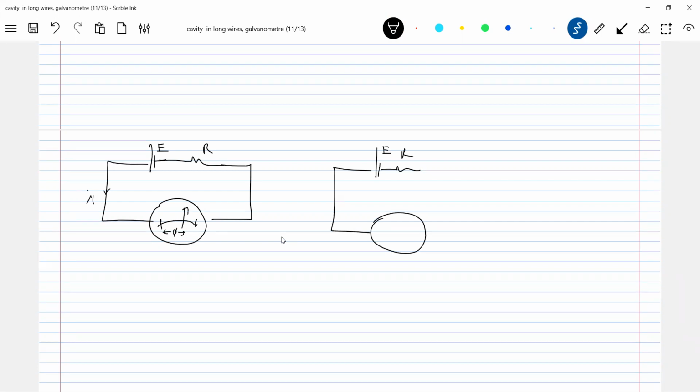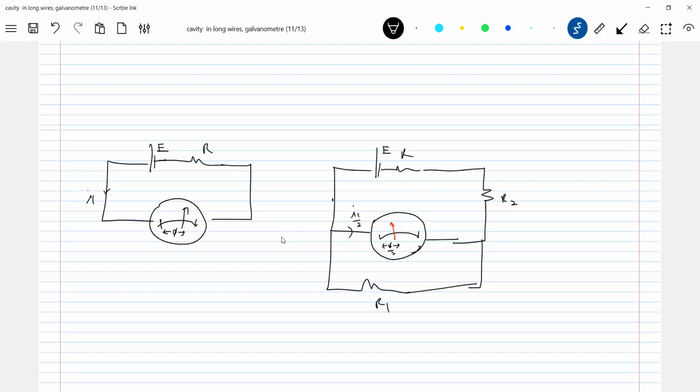There's a full scale deflection. Here the pointer should be at half, the deflection should be phi by 2. So how much current here should be I1 by 2. I can bring one resistor here and one resistor here. Can I do it like this? And I'll find out the value of G.